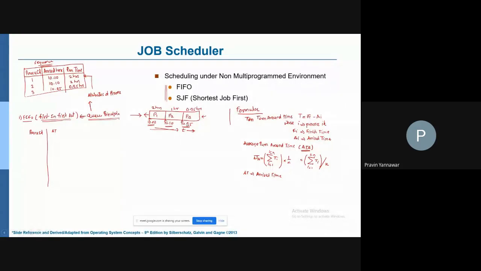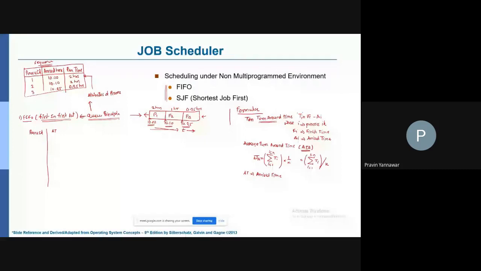In order to calculate some of the attributes and the performance of the system, we need to be aware of some formulae. The first parameter is the turnaround time. Turnaround time is referred to with capital T, and is computed as Ti = Fi - Ai.